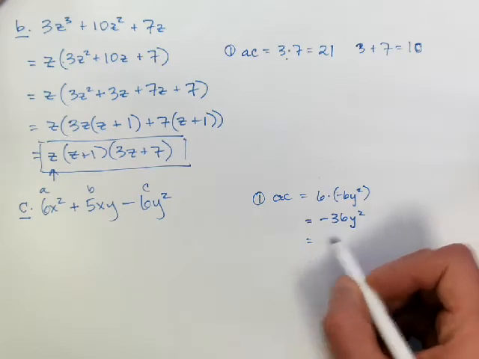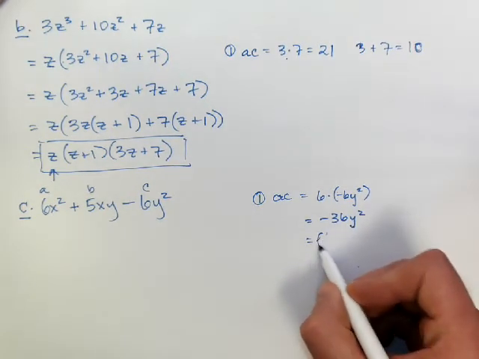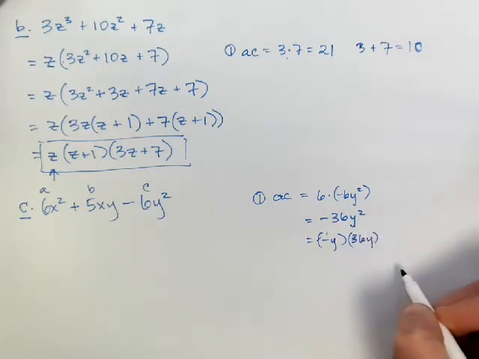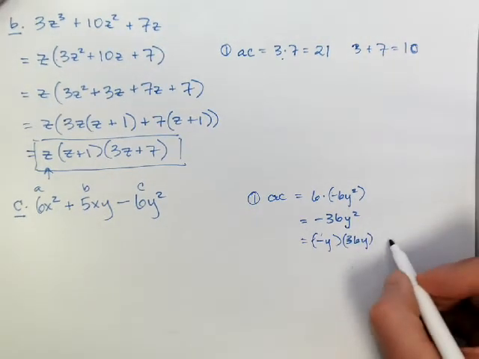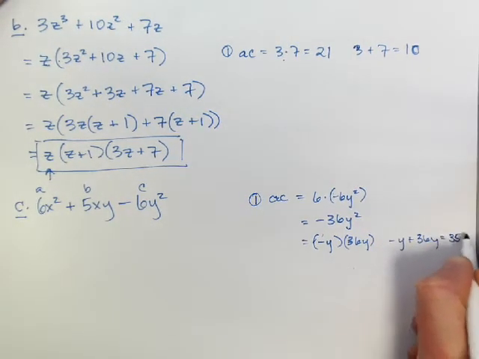Okay, so let's think about that. Maybe start with a negative y times a positive 36y. That's a little too big.